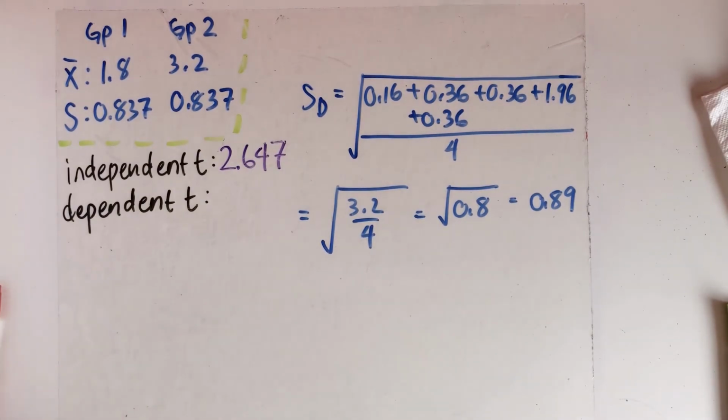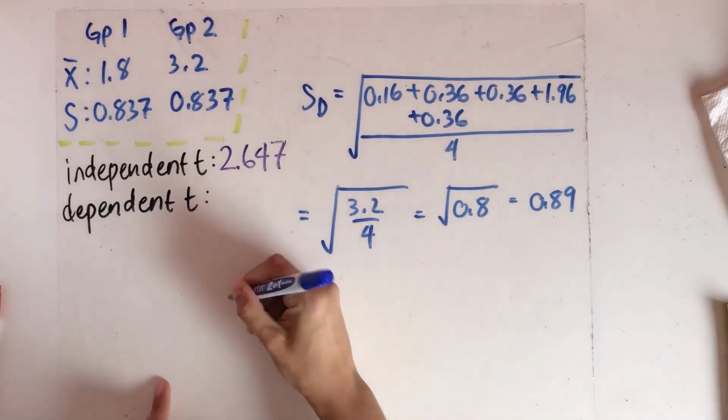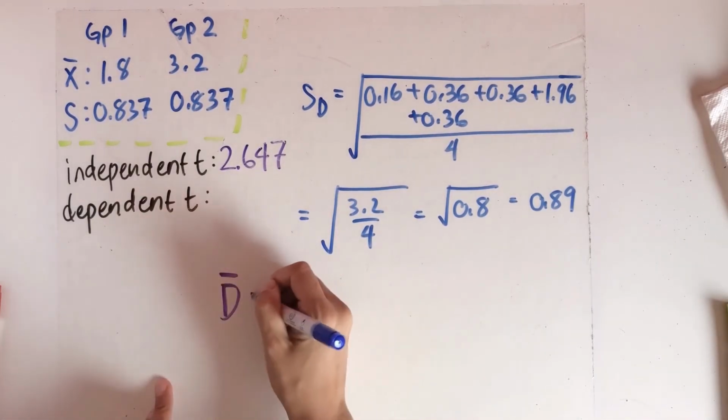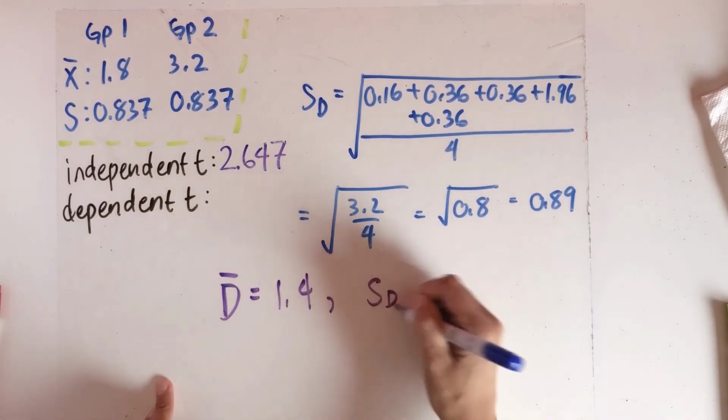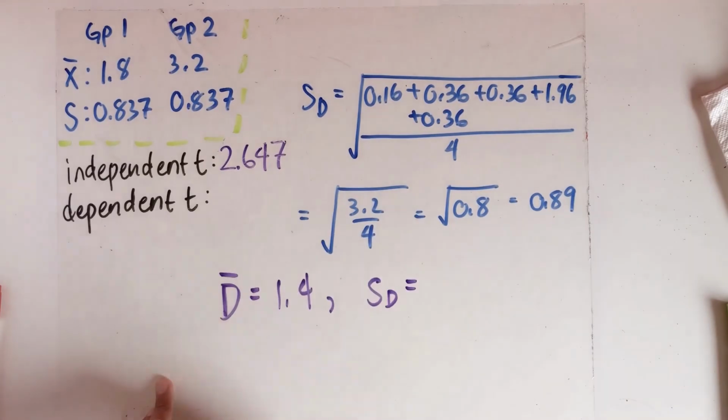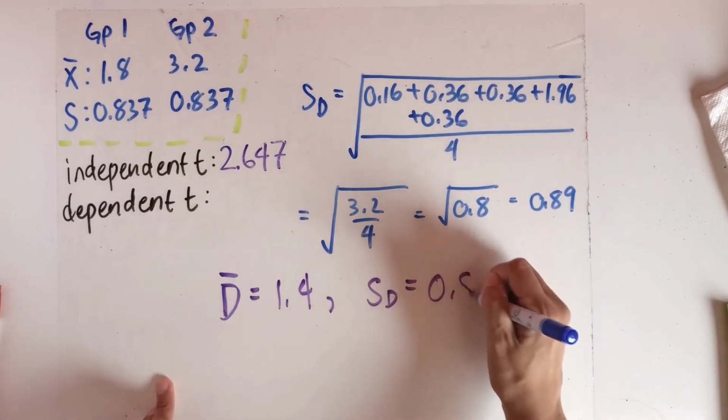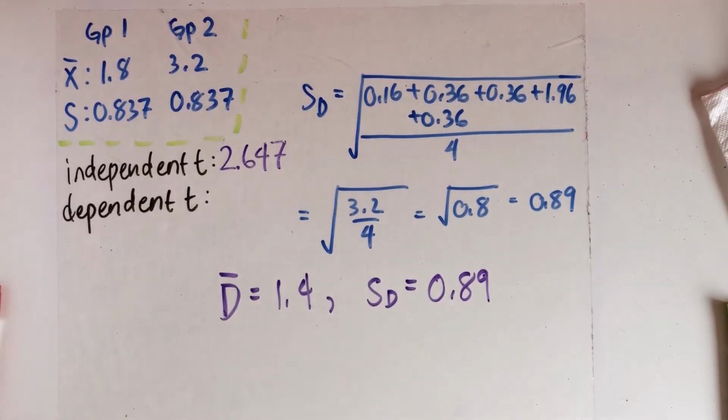So now that we have our D bar, which is 1.4, and we have our standard deviation of the different scores, which is 0.89, we can put that all into our dependent t-test.